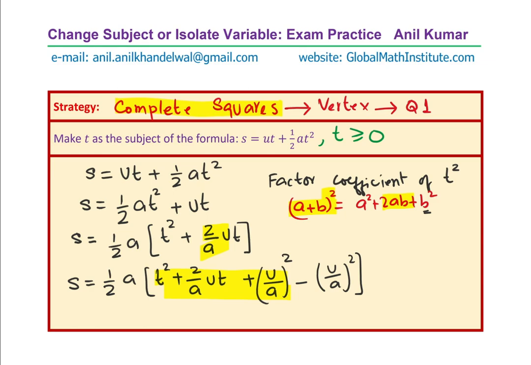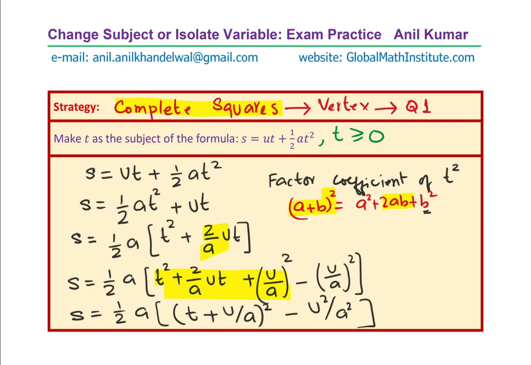Since a is t for u, b is u over a, and twice u over a times t is the central term 2ab, right? And therefore, we can write this as s equals half a, and within brackets we have t plus u by a whole square, and this is minus u square over a square.